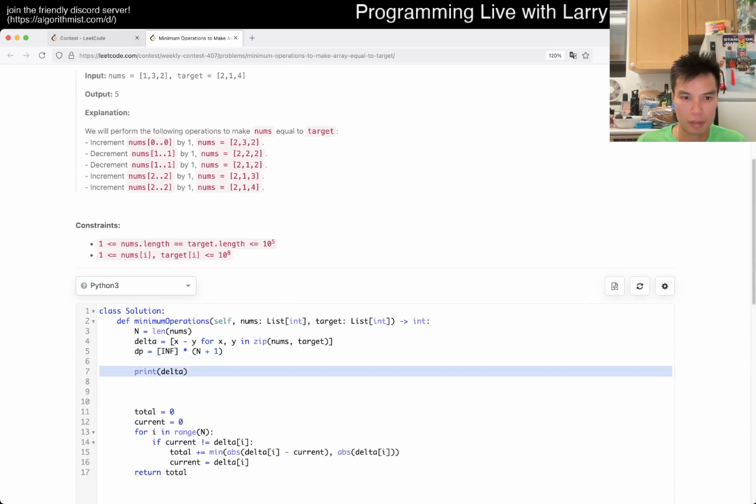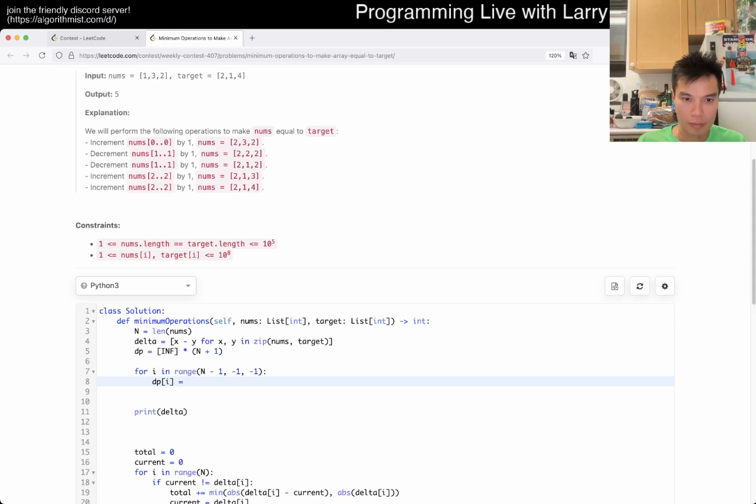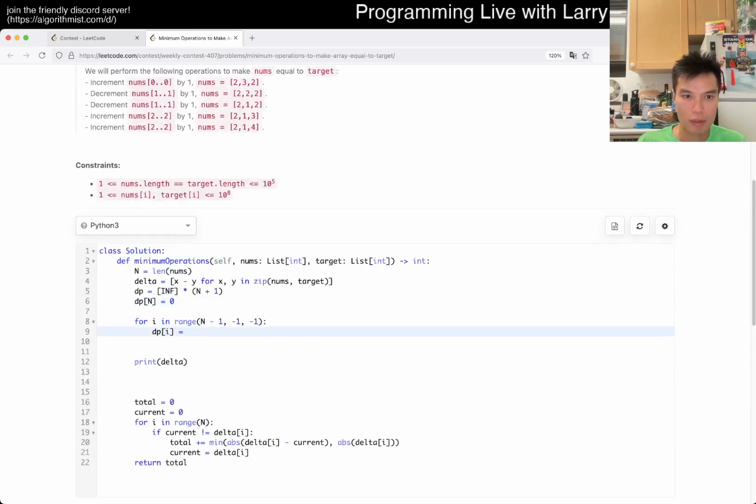So then now, okay, so now it is just going to be this plus delta sub I. So okay, so we set the rest. Here's binary is segment tree.